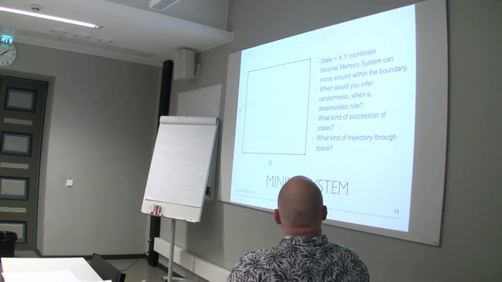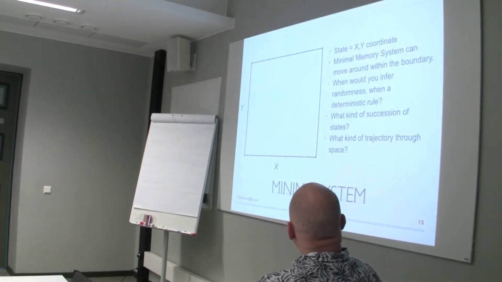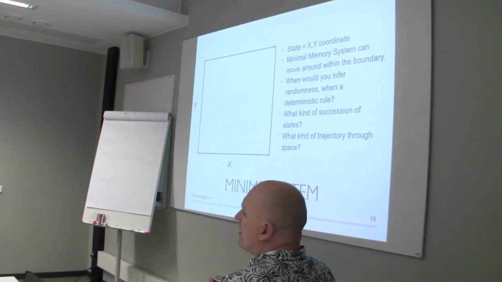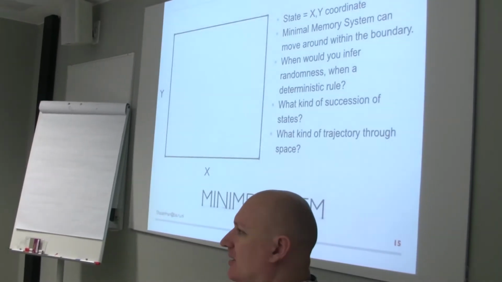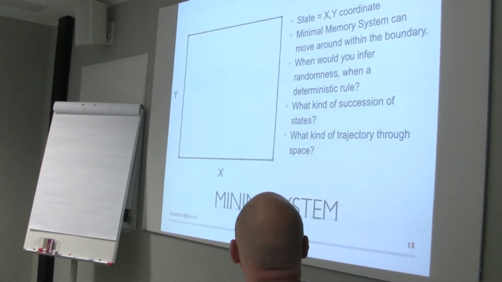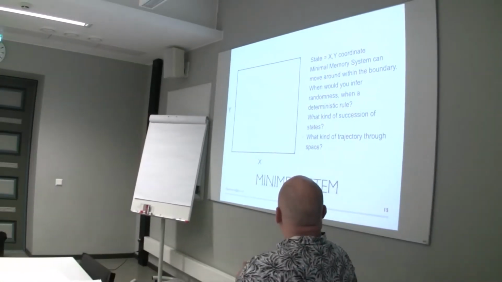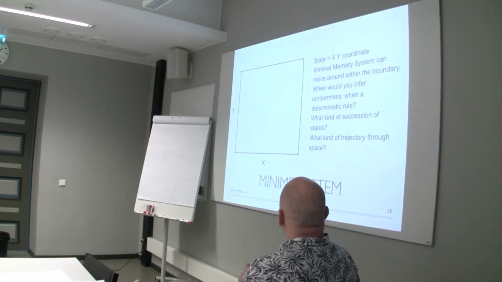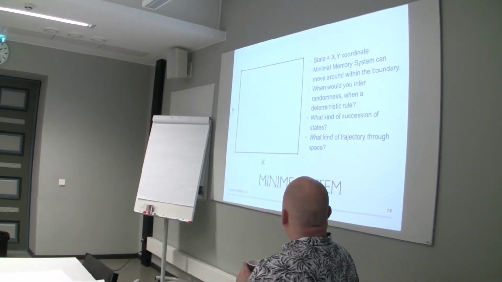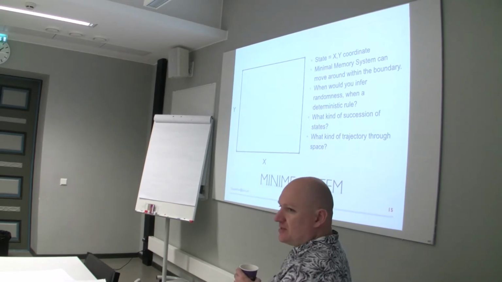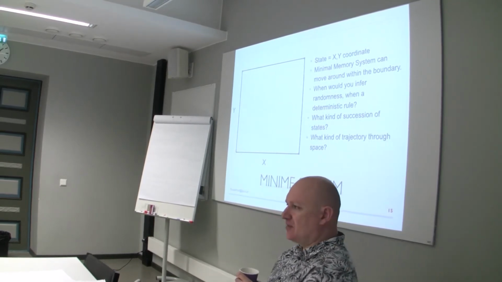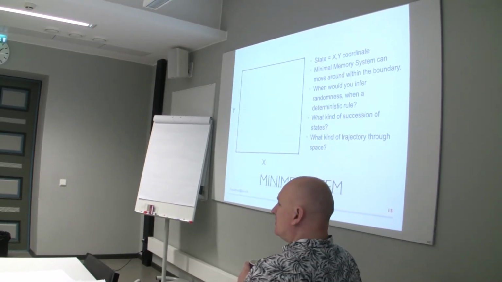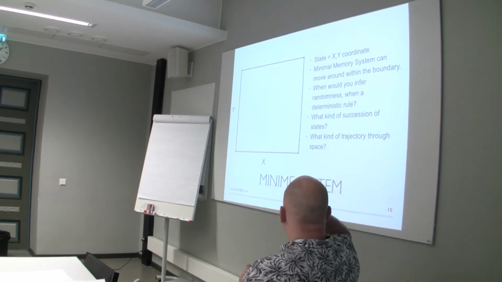So now the question is, if you look at its path, the path it's taking around this space here, when would you infer that this thing is random? And when would you say, no, wait a minute, this is not random, there is really some rule going on here, something like we discussed before?